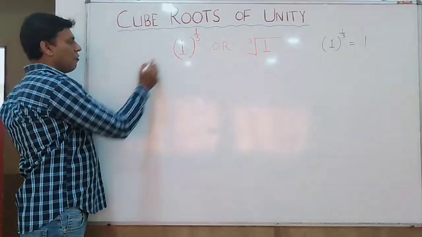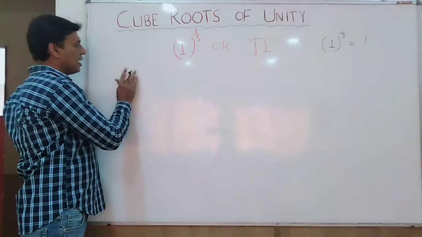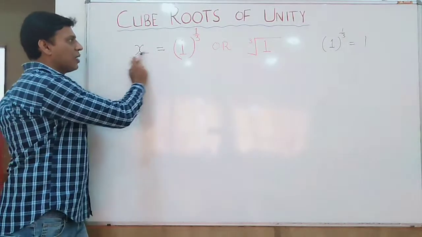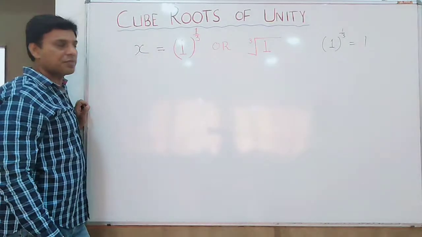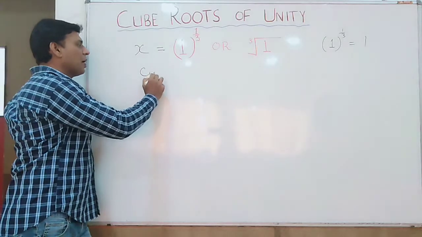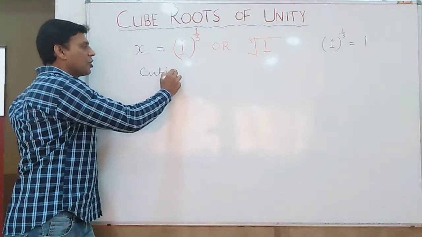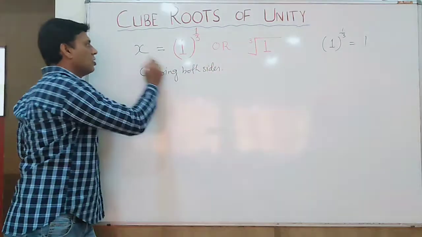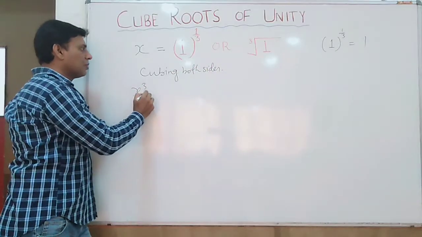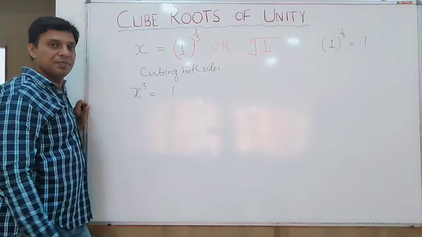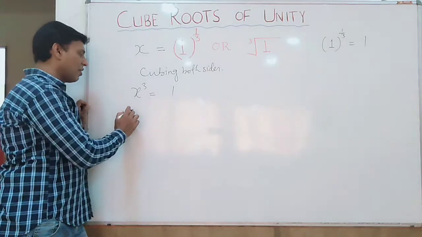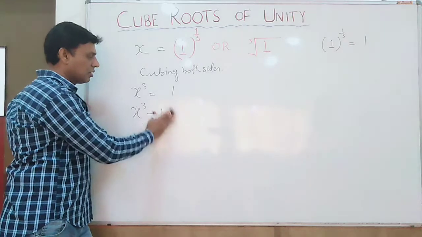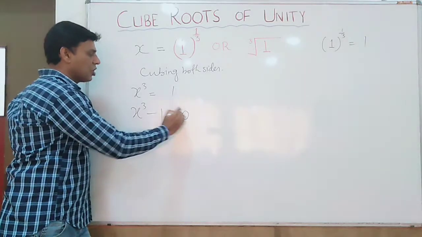Suppose we assume that this number is equal to x. So x equals 1 to the power 1 by 3. Now if I am cubing both sides, we will have x cube equals 1. Now if I bring 1 to the left hand side, x cube minus 1 equals 0.